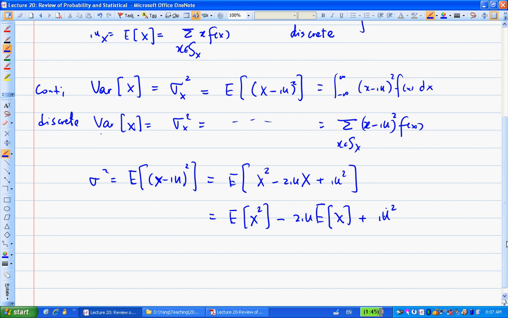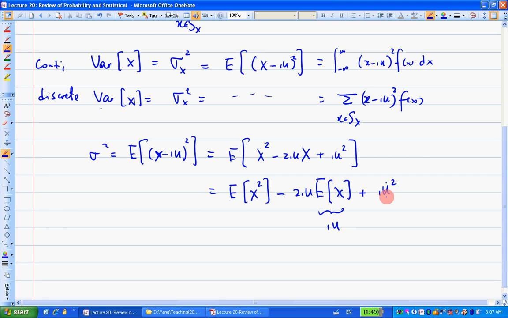And the expected value of X is basically mu. So negative 2 mu squared plus 1 positive mu squared, so the whole thing equals the expected value of capital X squared minus mu squared.